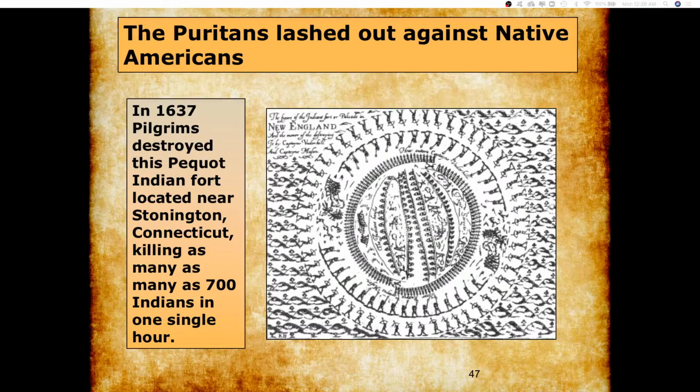This is pre automatic weapons. This is pre any sort of modern weapons that we have now where you probably could kill 700 people in an hour. This is like you're loading up your musket one by one, or you're just coming out swinging with your hatchet or knife or something. Okay? They killed 700 in an hour.